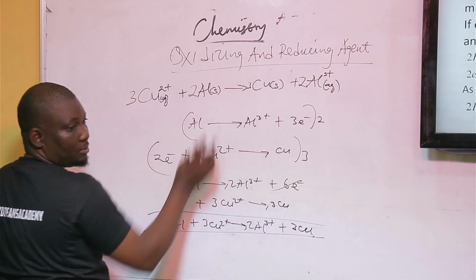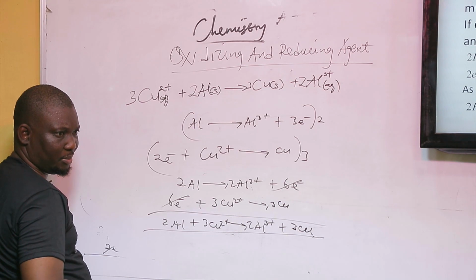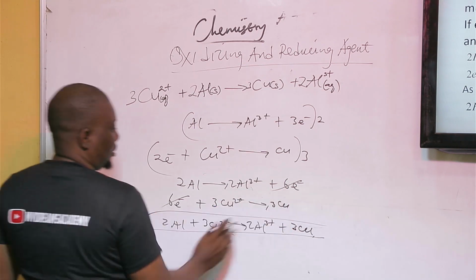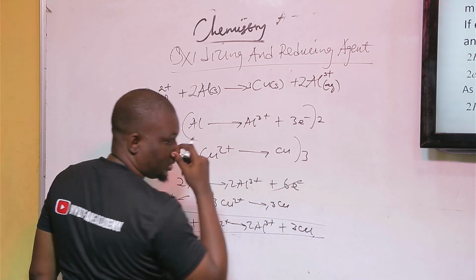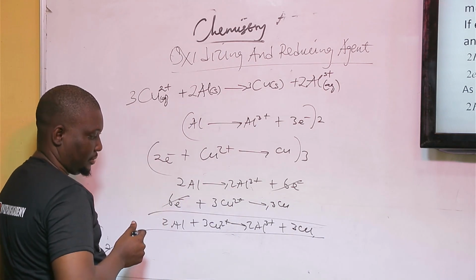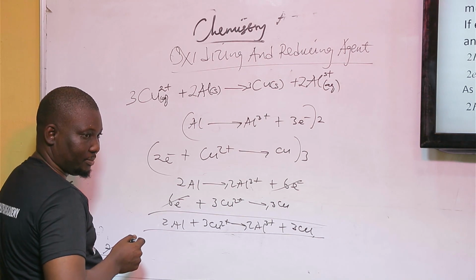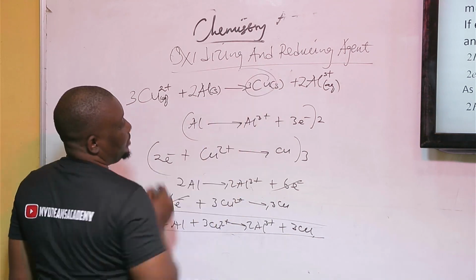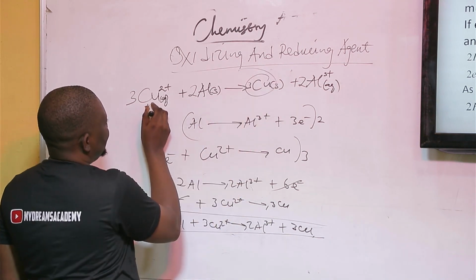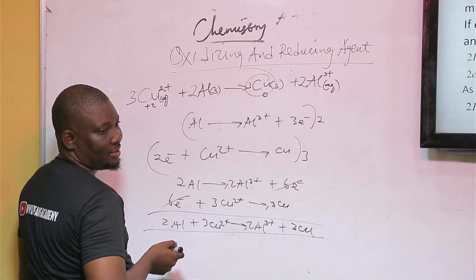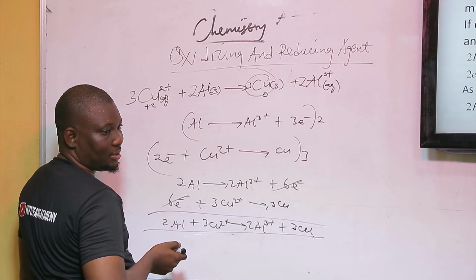Then come back to this. Are you with me? So which one is behaving as the oxidizing agent in the reaction? Copper. Why copper? Plus 2, reduced. Then aluminium is the reducing agent.